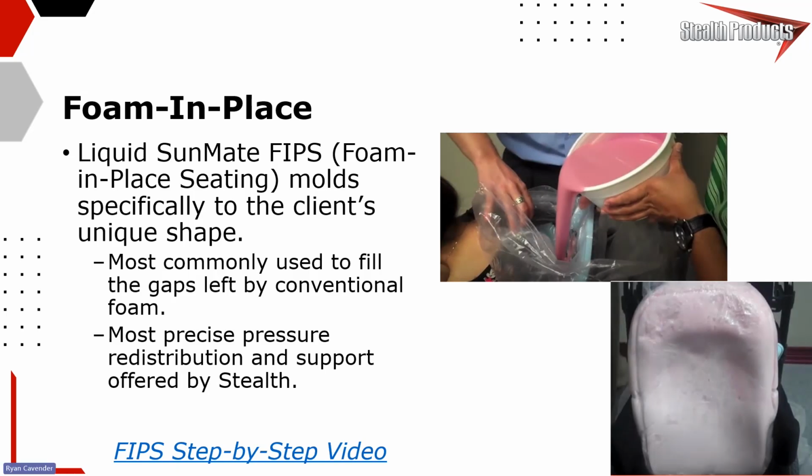So the challenge there is to keep the client still and in the correct position as that foam expands, but also not have them feel like the foam in place is getting too hot for them. Neoprene protects very well against both those issues. Our neoprene cover is also always going to have a 1/4-inch thick piece of Sunmate sewn to the contact face as well, just to help mask any of the voids or accidental wrinkles you get in that process.